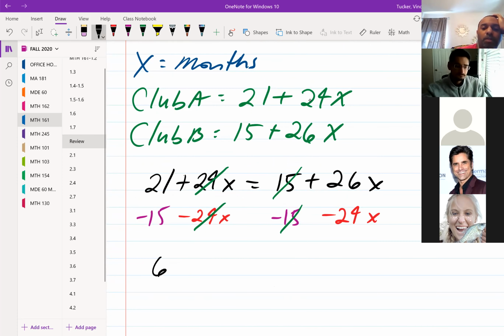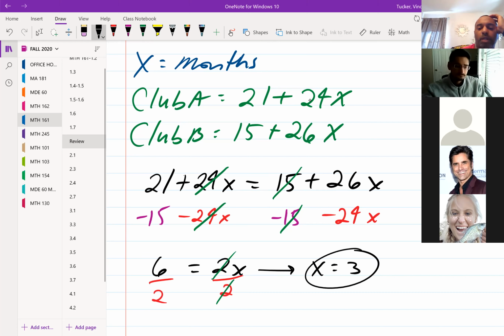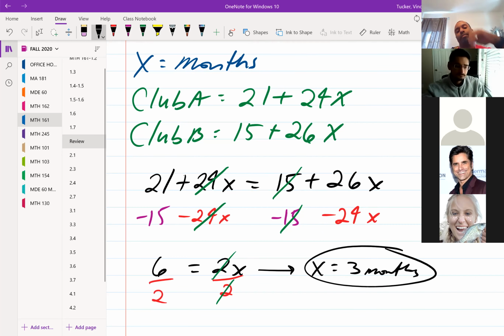So that'd be 6 equal to 2X. Divide by 2. X is equal to 3. I might as well put months back there. So in 3 months, you would have paid the same amount in both clubs. That's the total.